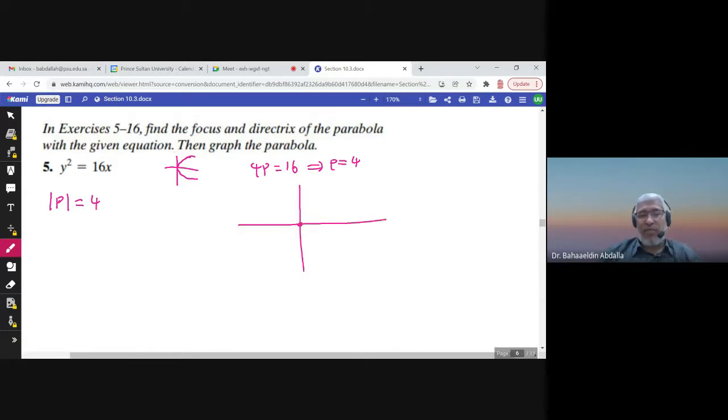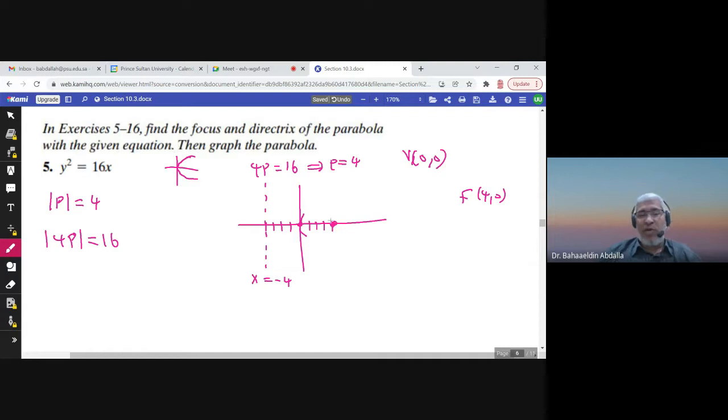So I start from the point 0, 0. I go 4 units to the right and 4 units to the left. This would be the equation of the directrix, and this would be the focus, 4 and 0. And this would be the parabola. To graph an accurate parabola, the absolute value of 4p is 16.